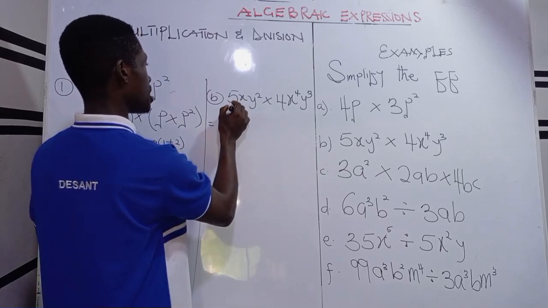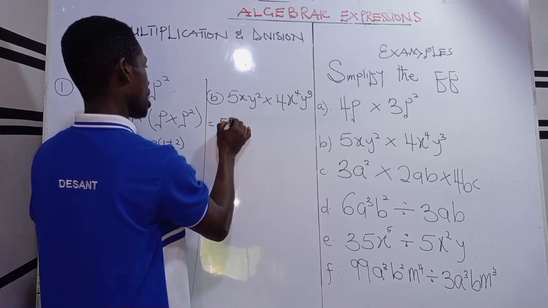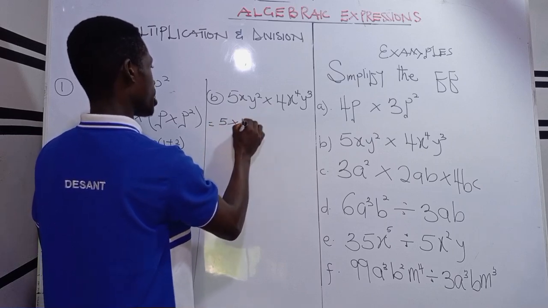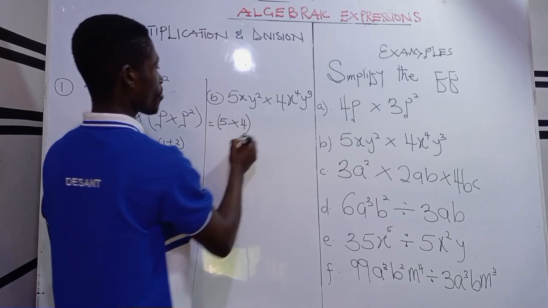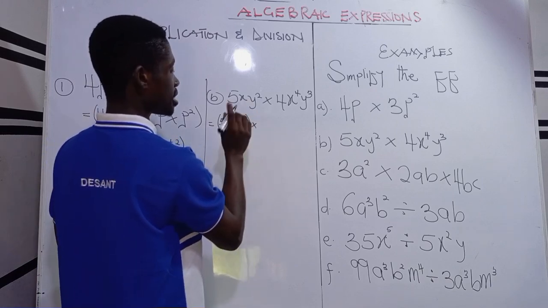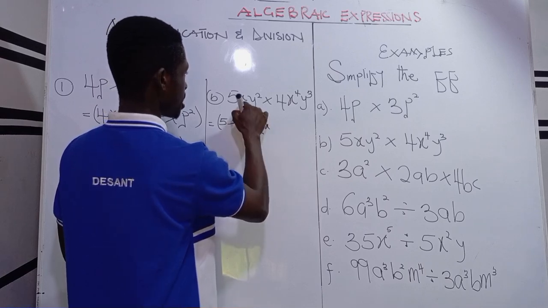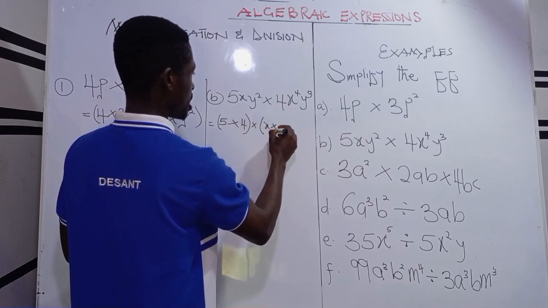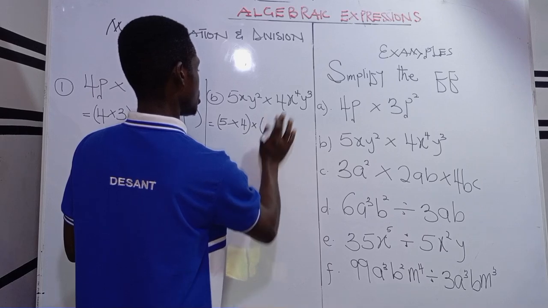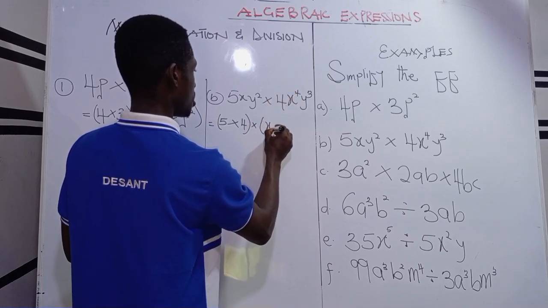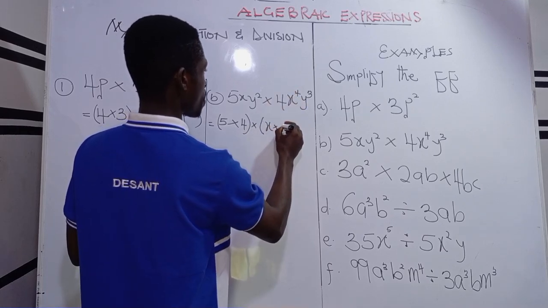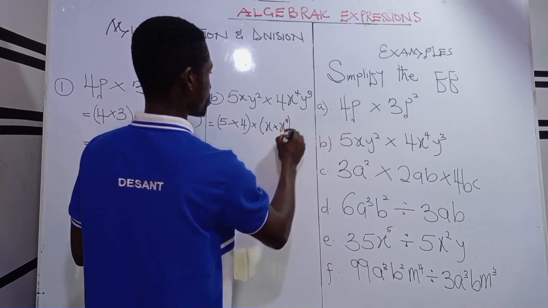So we are going to multiply the numbers, 5 times 4. And then multiply the letters, the same letters. So we have x multiplying x power 4.